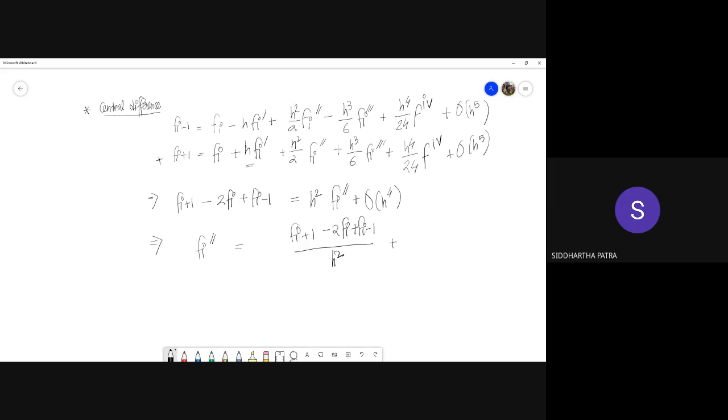Okay, but the difference here is that with central difference, the truncation error is order h squared, just like you got for the 2-point central difference method for the first derivative. Here, the order of accuracy is h squared.